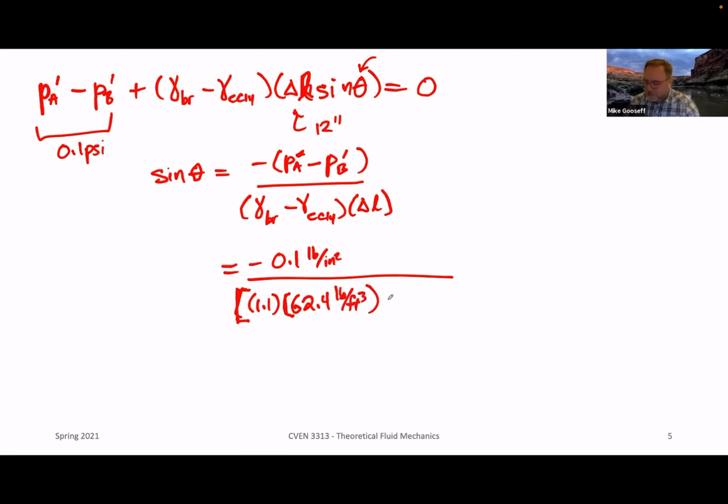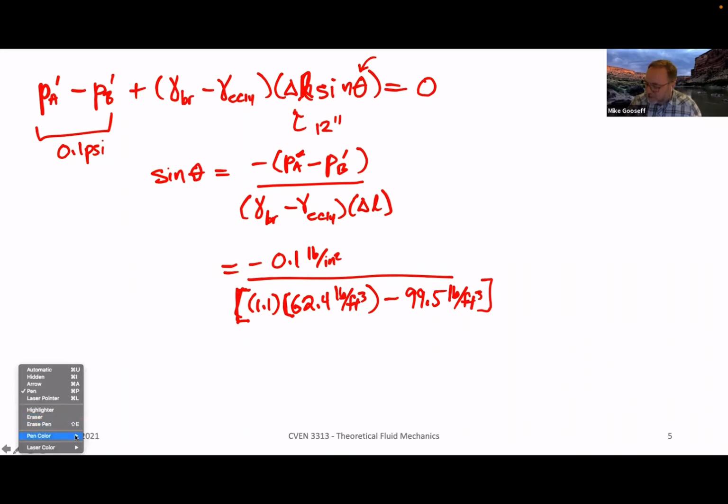Then we subtract the specific weight of carbon tetrachloride, which we said was 99.5 pounds per foot cubed, and then I close that bracket, and then I need to make a few conversions here. So what are my conversions? I've got inches in the denominator here and feet down here. So I need to make a decision about that. Oh, I forgot about my delta. Sorry, let me go back to my red pen.